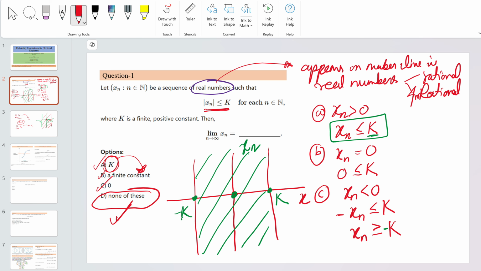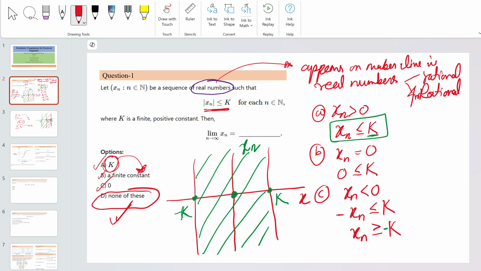So the basic terminology of this problem is that you should be very focused on the terminologies. First, what is a real number? Real numbers are all the numbers which lie on the number line. Either it can be a rational or irrational number.